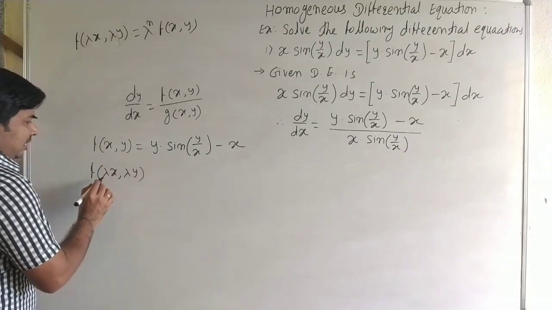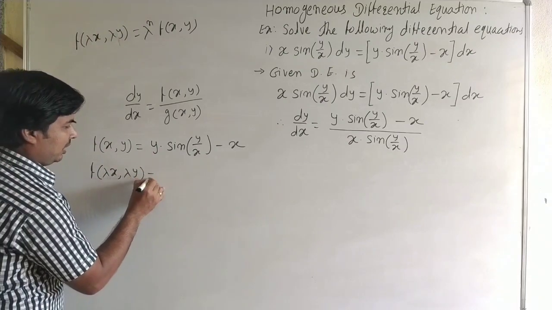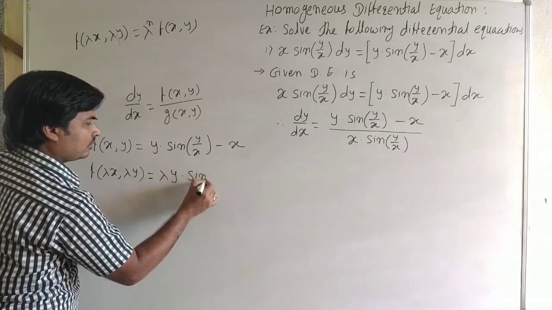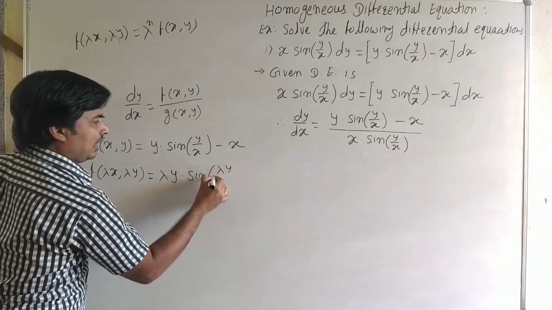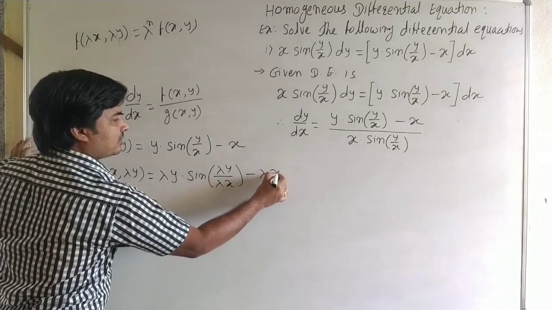Now here x is replaced by lambda x and y is replaced by lambda y, then we get lambda y sine of lambda y upon lambda x minus lambda x.